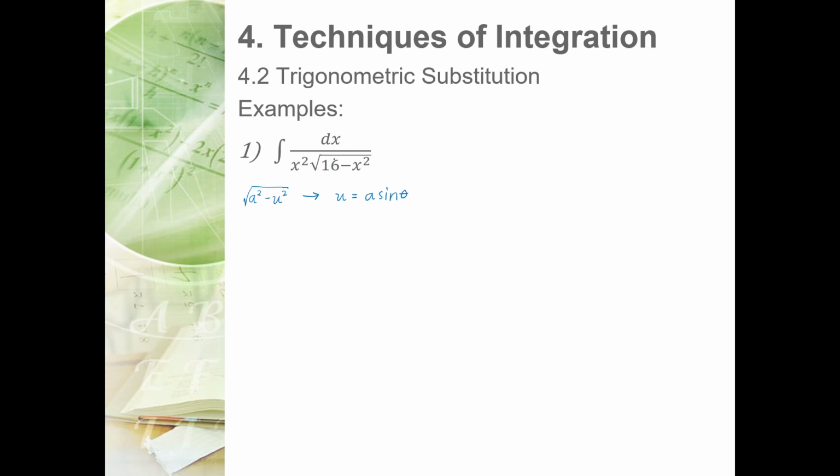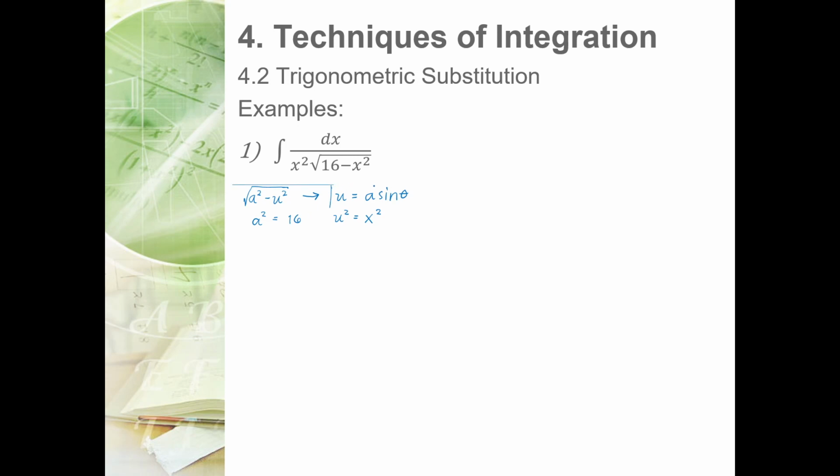So the next step is we need to follow the format, or identify the parameters of the format. Starting with a squared, that's 16, and then our u squared is x squared. Then getting the square root, since we need the values of your u and your a parameter for the formula.